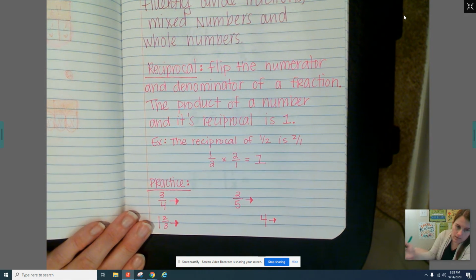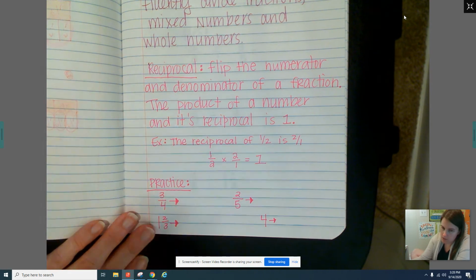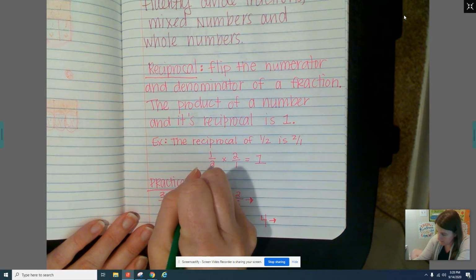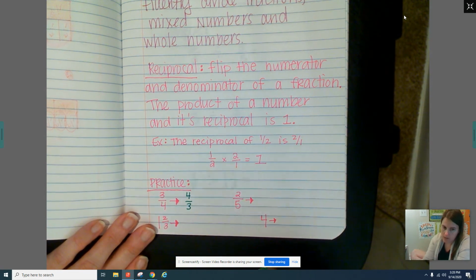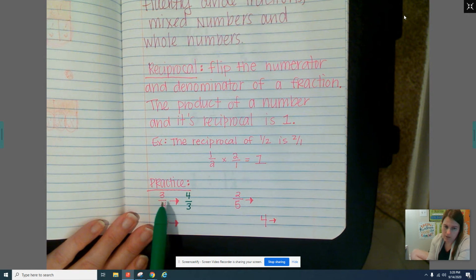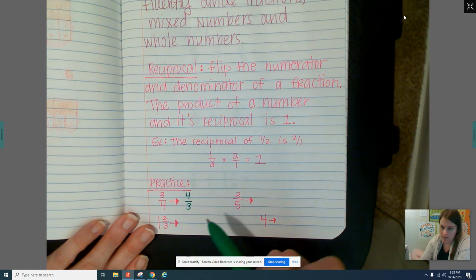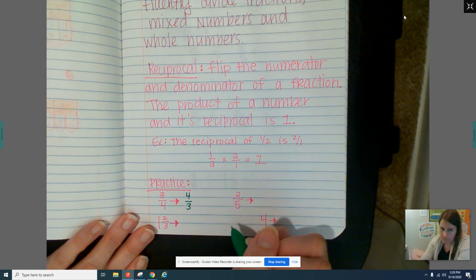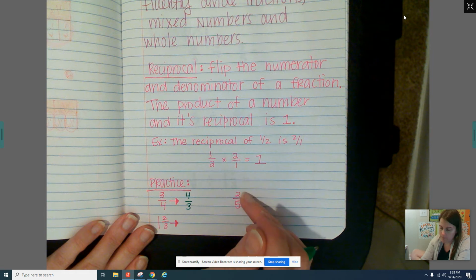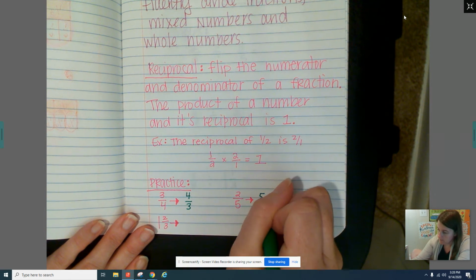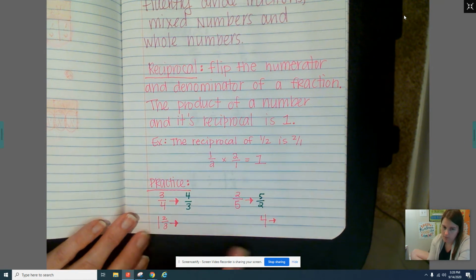All right, the reciprocal of 3/4, you just flip them. It's 4 over 3. I don't put an equal sign, because 3/4 does not equal 4 over 3. I'm just using the arrow to show that that's what the reciprocal is, okay? The reciprocal of 2/5 is 5 over 2.